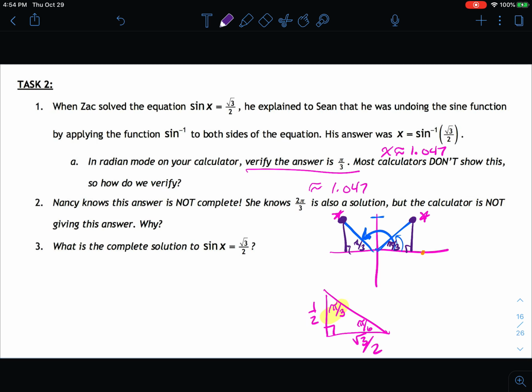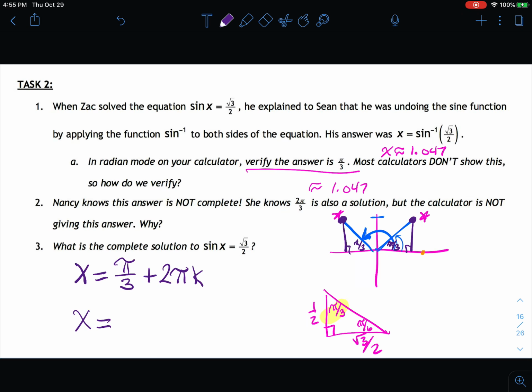So the complete solution for this, x, just like Zach said, is pi over 3. That is correct. But if I add a whole revolution times any integer, I'm going to get to that same spot. So that is an infinite amount of solutions. And this Nancy is exactly the same.